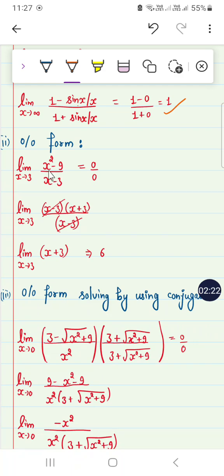If we factorize this function, (x minus 3)(x plus 3) upon (x minus 3), that goes to cancel out. So this gives only the limit as x extends to 3 of x plus 3, right? After taking the limit, it gives you 6.